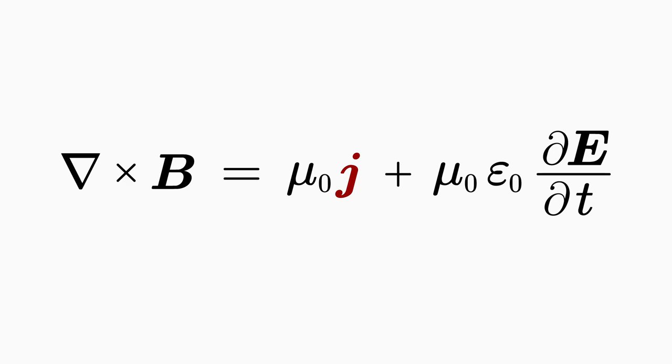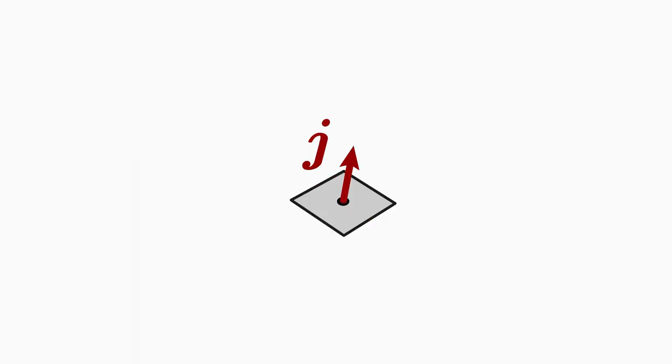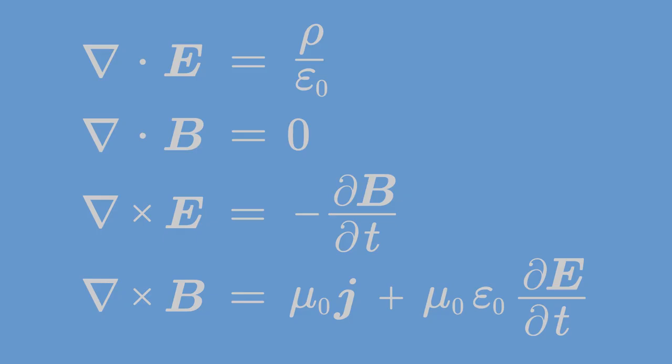The fourth Maxwell equation, curl of B, is equal to mu0 times J plus mu0 epsilon 0 times the change of the electric field over time. Electric currents and a changing electric field generate a magnetic field. So, now you finally learned the foundation of all electrodynamics.